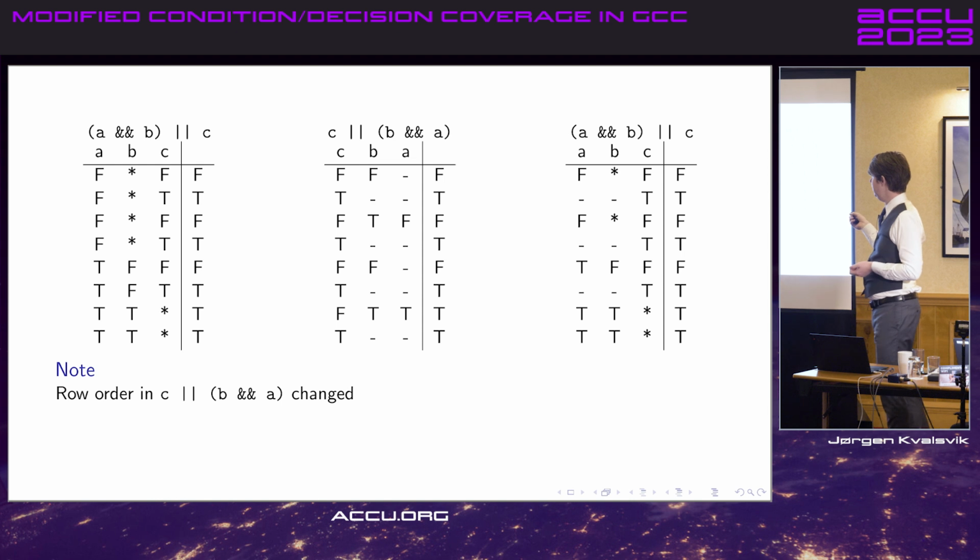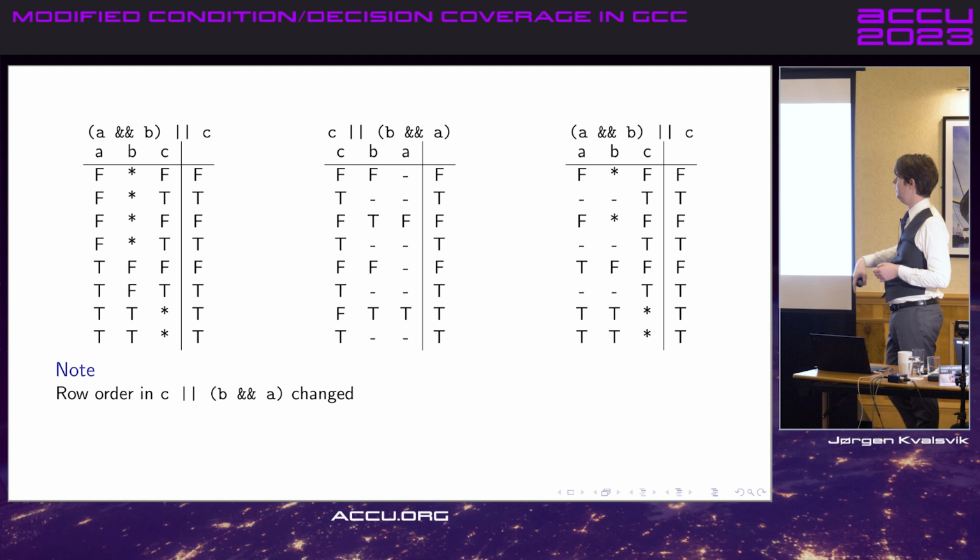If we put this together, just note that in the table in the middle, I've changed the order to match the order of rows from the first table, right? So it's consistent with that. Okay.